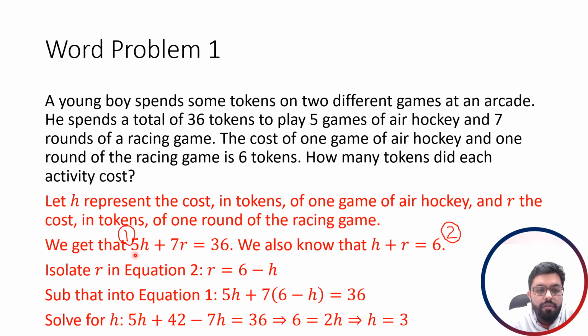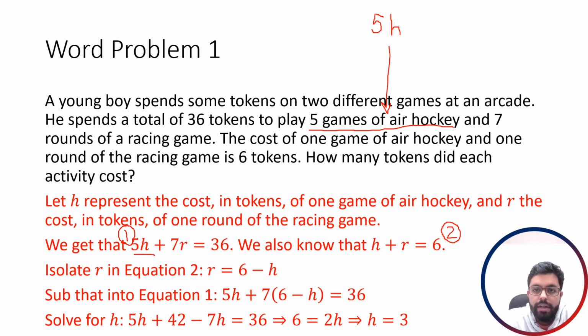So this is 5 times the cost of one game of air hockey. So that's like the cost of 5 games of air hockey. And that's coming from this right here. So 5 games of air hockey, that's 5H, right? Because H is the cost of one game of air hockey, but it wasn't one game, it was 5. So that's 5H right there.